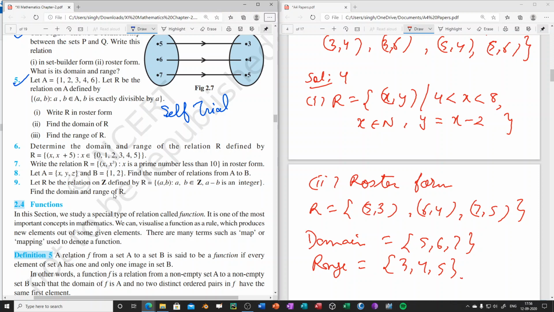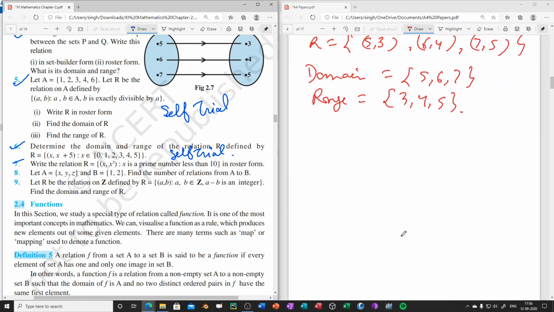Here you have to write this R in roster form. Right now it is in set builder form. Write it in roster form and then you can obtain the domain and range. So question number 6 will also be for self trial, and the 7th we'll do the same way. So 5, 6, 7 all will be for self trial, which means you try on your own.